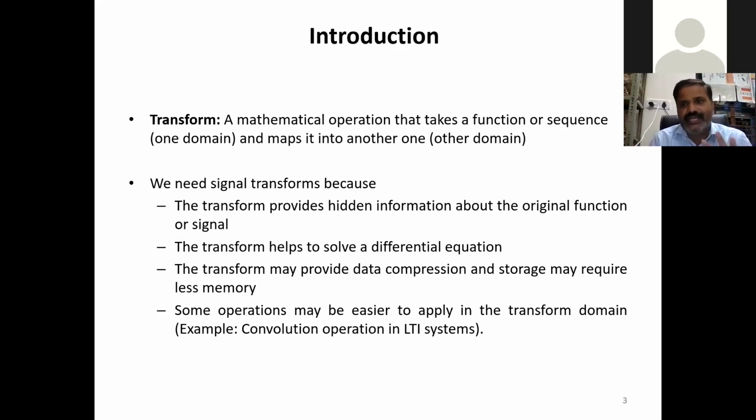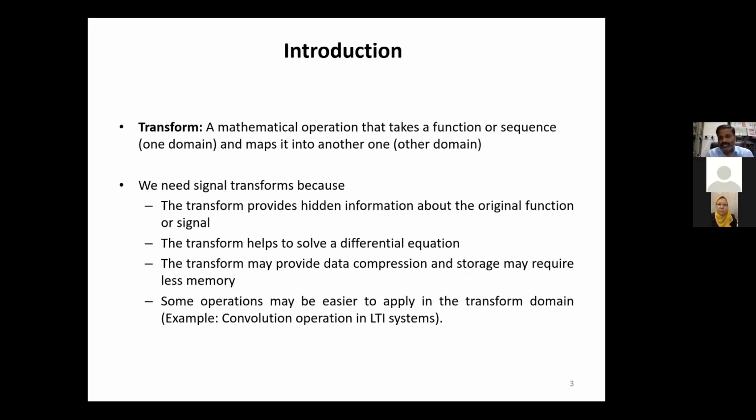So we will highlight some of the advantages of transforms here. A transform provides hidden information about the original function or signal, like what is the main frequency of the signal, what are the frequency components corresponding to the signal, and what are the frequency components corresponding to noise. All this information is not easily available in the time domain representation, that is the actual domain. But when you go to the frequency domain, another domain, such information can easily be obtained.